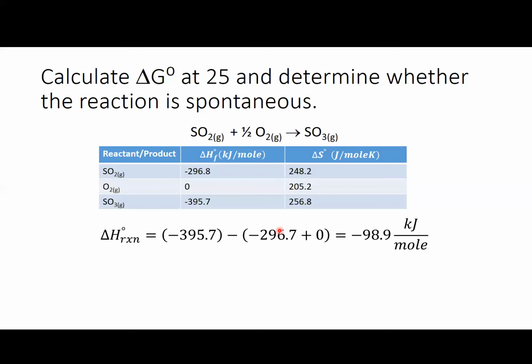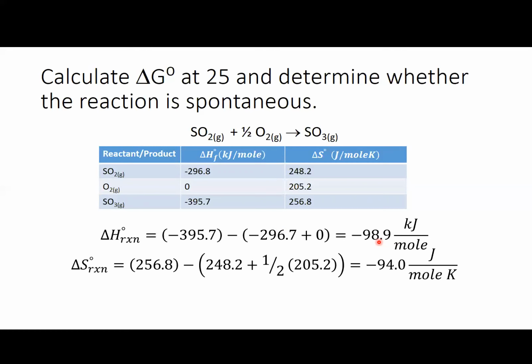When I put this in my calculator, this is the number we come up with, 98. If I do the same thing for delta S, 256, which is this one right here, minus the sum of these two times the stoichiometric coefficient, so 248 plus half of 205.2, I get negative 94 joules per mole.